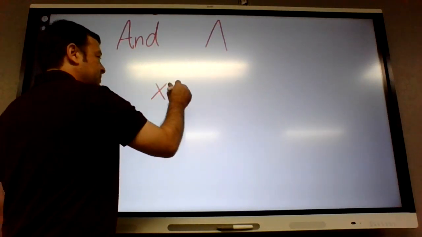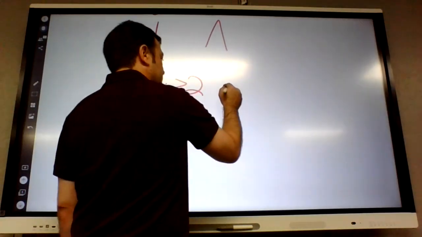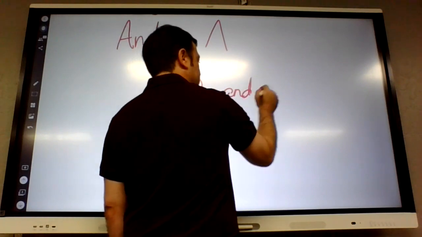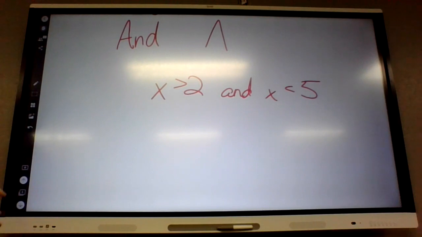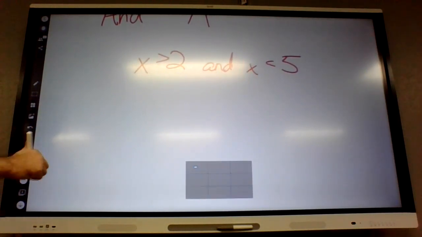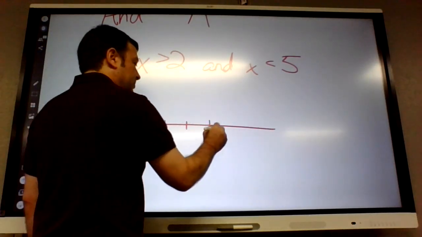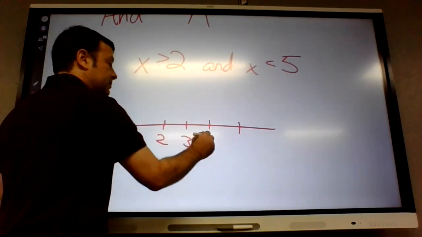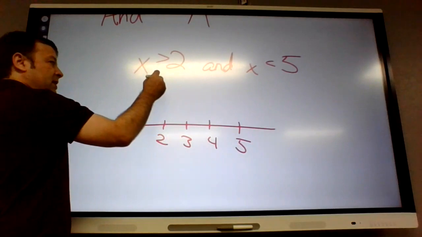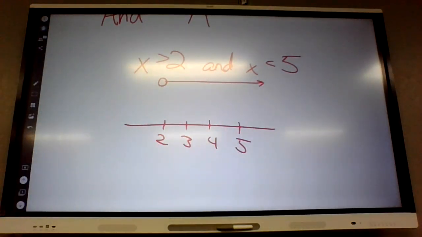Let's do x is greater than 2 and less than 5. So what does that imply? Here's how we're going to do it. A lot of these are going to be graphs. Greater than 2 looks like this, all those numbers.